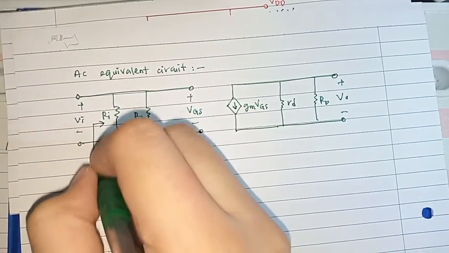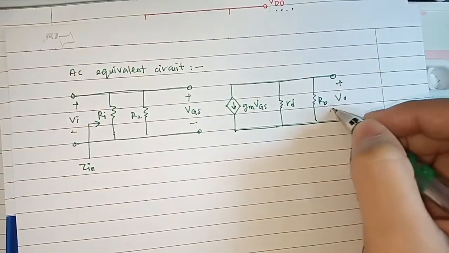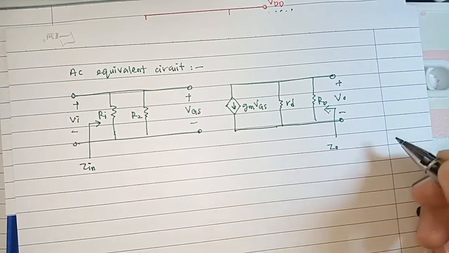From here we can see the Zin, and from here we can see the Zo.